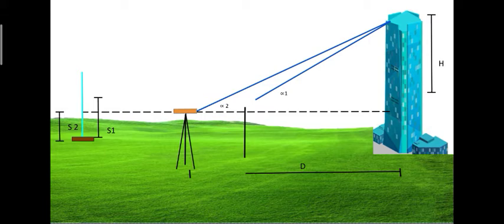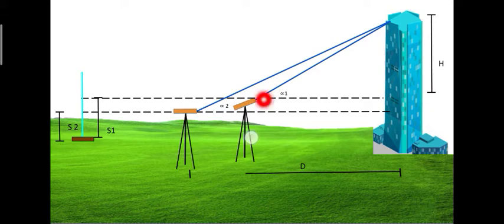Now in the same line, in the same direction forward, you are going to set up an instrument at A. You are going to take the vertical angle here again, that is alpha 1 and S1, that is your staff reading.